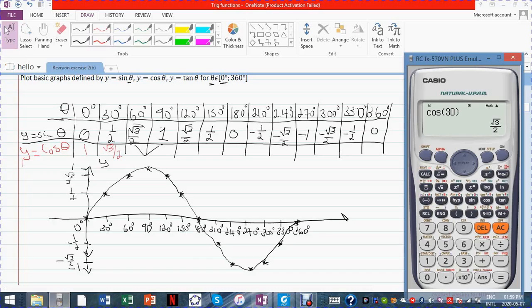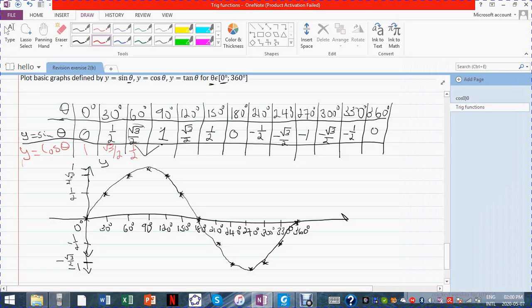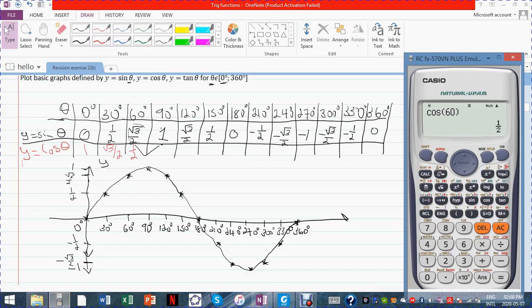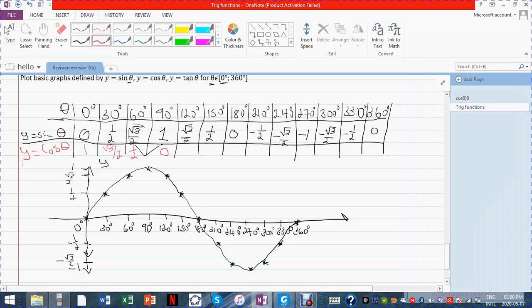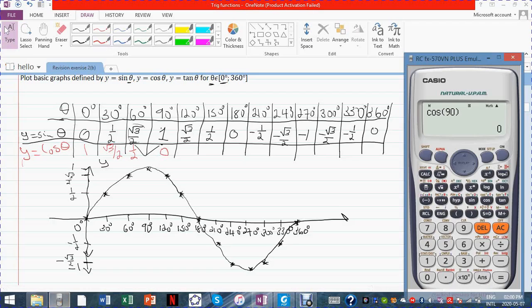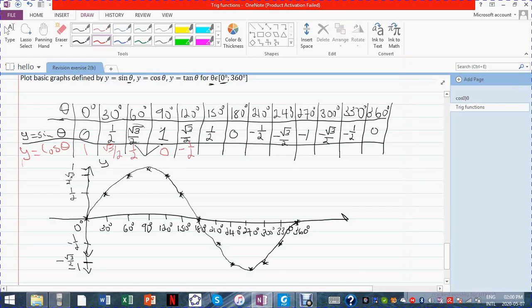And then cos of 60 gives us a half, 1 over 2, and cos of 90 gives us 0, and then cos of 120 gives us negative a half, negative 1 over 2.